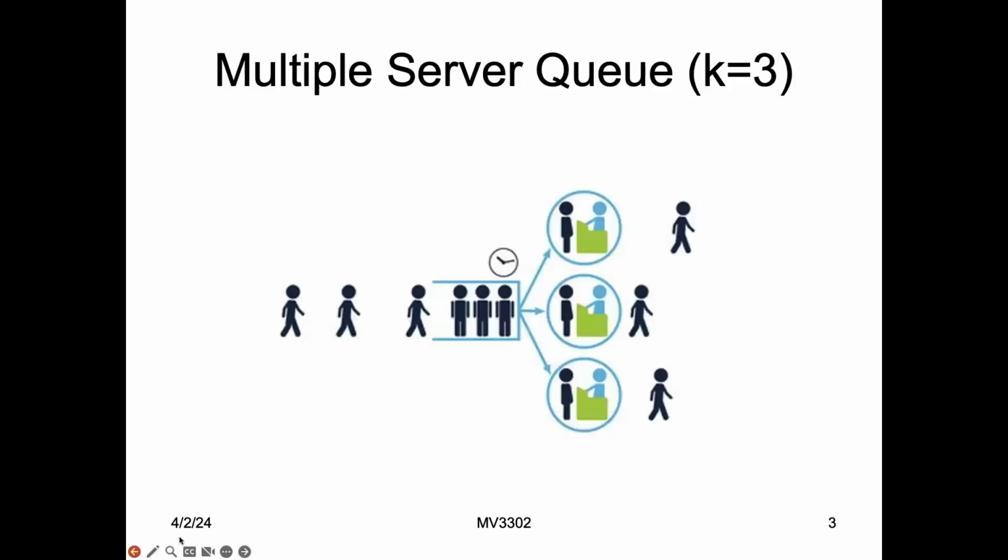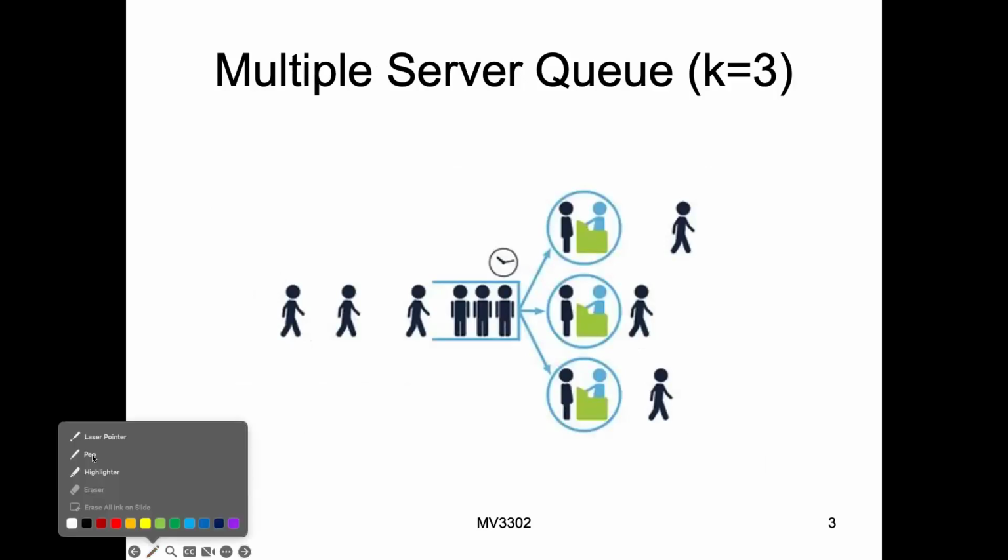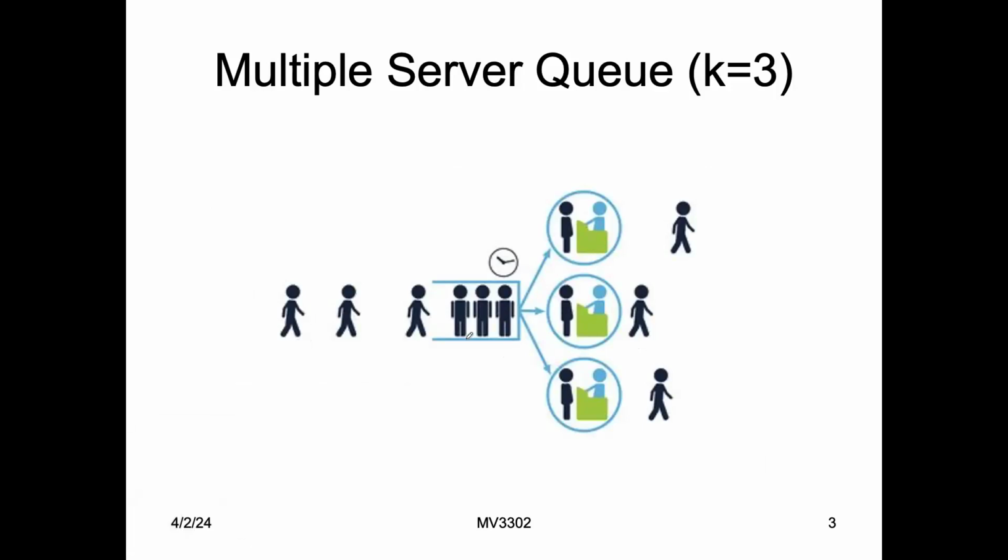Conceptually, it might look something like this. Here are our customers who are already in the queue. Here we have 3 servers, so we're going to have a parameter K, which is the number of servers. These are the customers who have left service. All the servers are busy here, with 3 in process, and then these are the ones who haven't shown up yet.